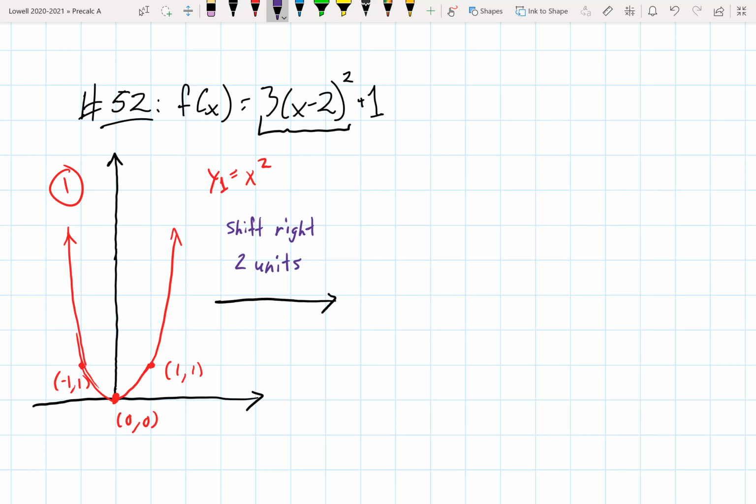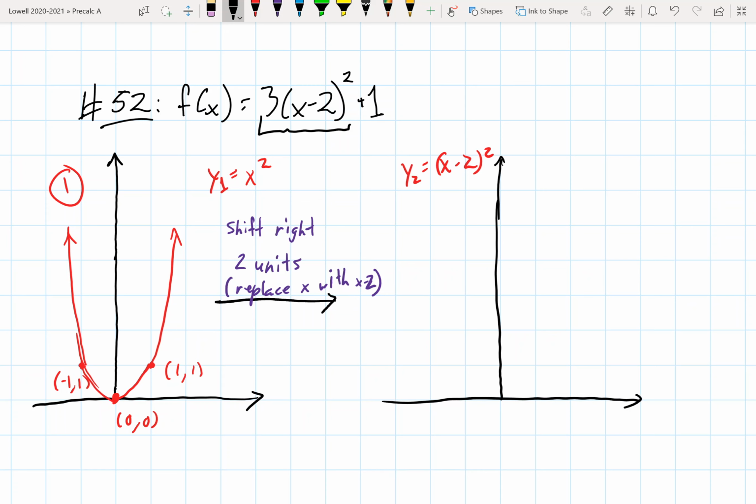And the way that is done, let's remember, is replace x, or substitute x, with x minus c, or in this case x minus 2. So our resulting equation is going to be x minus 2 squared. This will look like so.